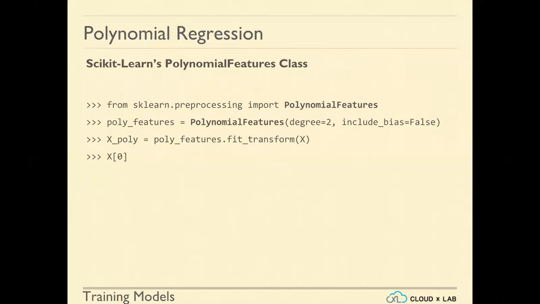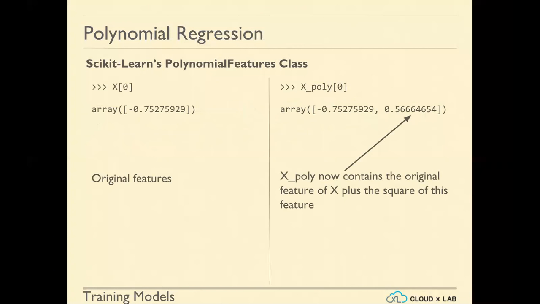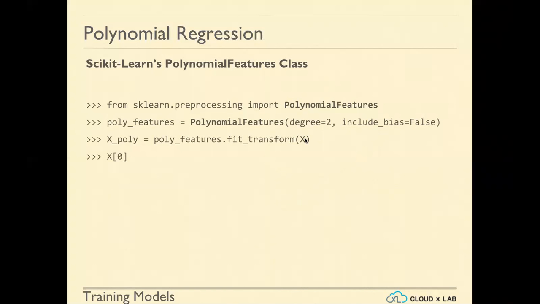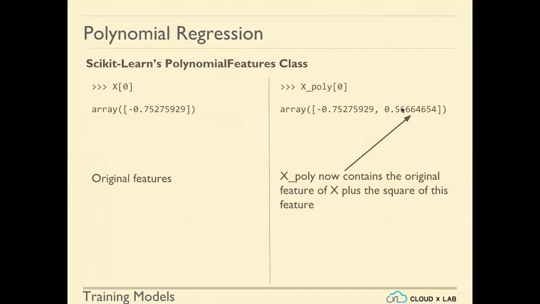Okay. So what does polynomial features do? It basically adds more data to your input data. Say for example, here it has added the square of this. Okay. So it's a 2-degree polynomial. So it has basically added one more variable.